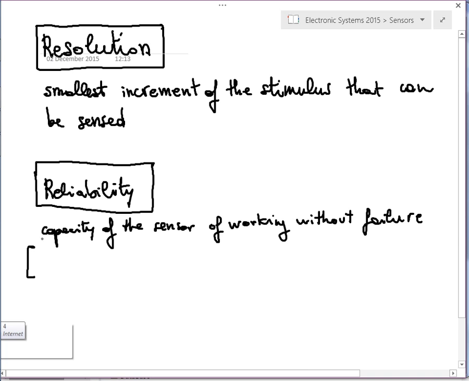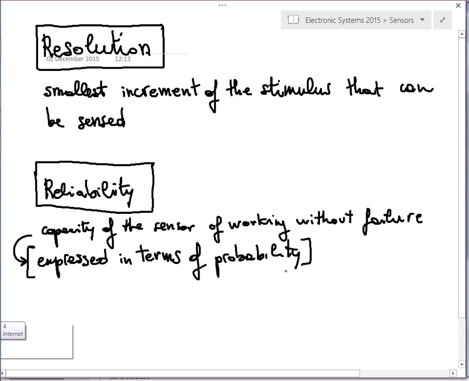In qualitative terms, it's easy to say what the reliability is, but when you go to a quantitative definition, things become less easy, in the sense that one typically has to recur to a probabilistic definition. So one expresses the thing in terms of probability. And in this case, I must say there is no unique way of expressing reliability in terms of probability.